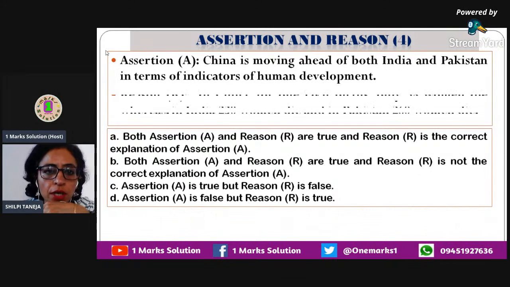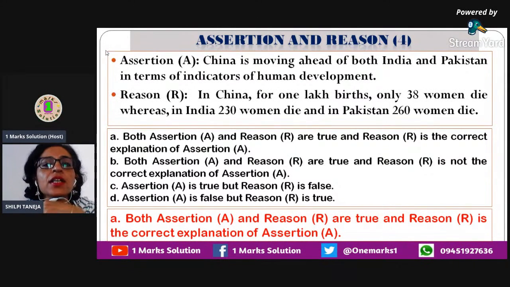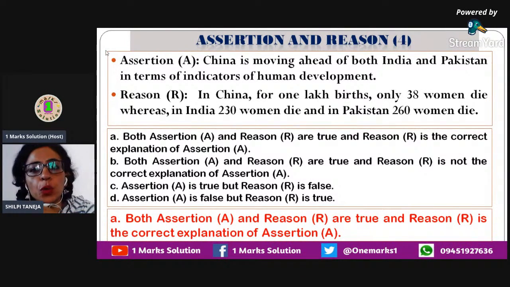Now question number 3, assertion says China is moving ahead of both India and Pakistan in terms of indicator of human development. अभी हमने previous question में यही किया, which is true. Reason says in China for 1 lakh births only 38 women die, whereas in India 230 women die, and in Pakistan 260 women die.